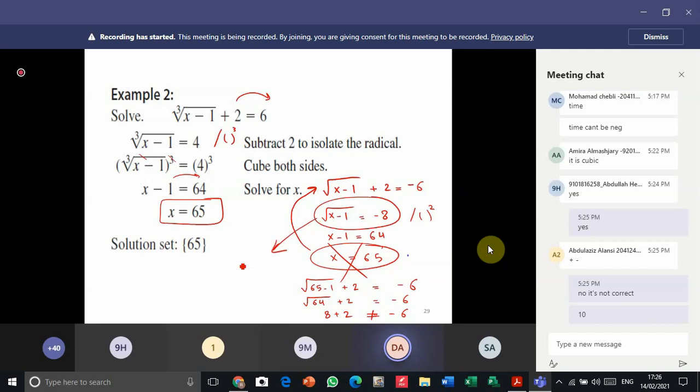This is no solution. Why? Because the radical equal negative. The root is never negative. Okay. The root is never equal to a negative. Clear?